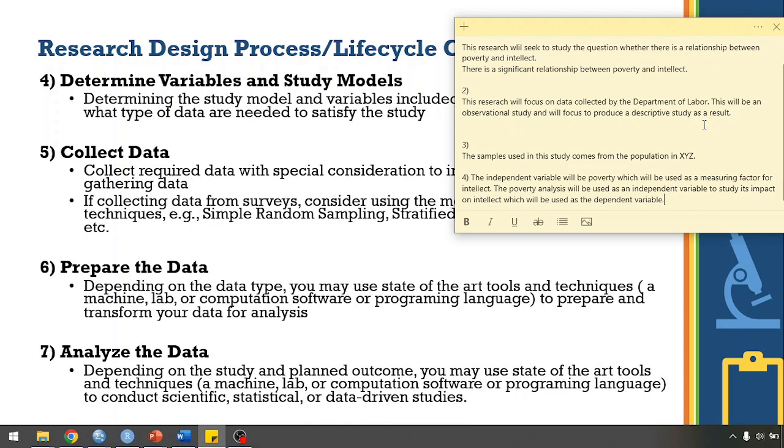The wording doesn't really matter as long as you're able to convey what you're doing in your research and what your variables will be.